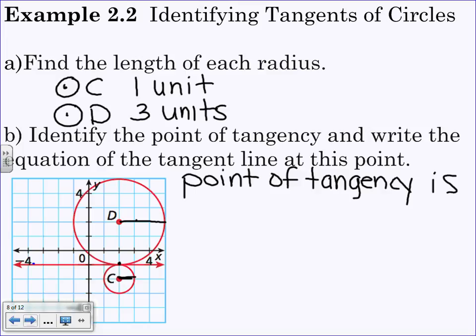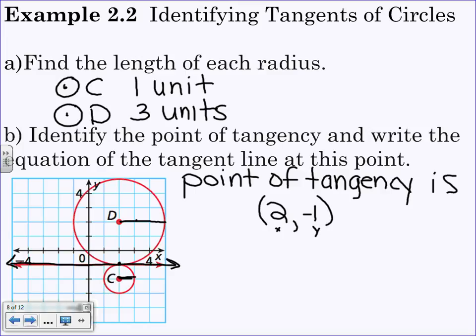Yeah, what coordinates? 2, -1. Okay, 2, -1. Remember x, y?